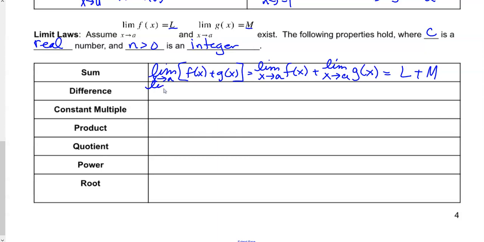Likewise with the difference. So instead of having a sum between them, I have a subtraction between them. By this property, I can take the limit as x approaches a of f and then subtract that from the limit as x approaches a of g of x.